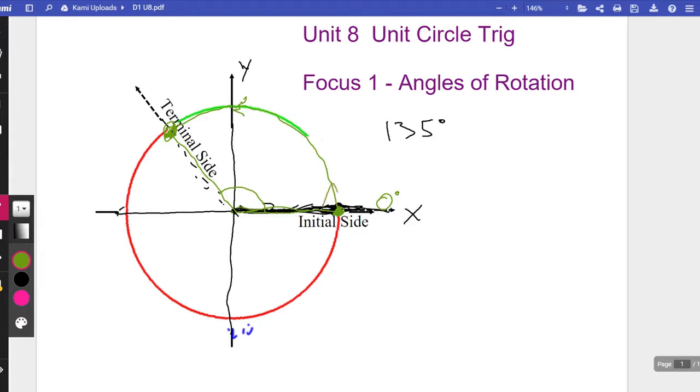So we're always going up if it's a positive degree measurement. We would always be going down if it was a negative degree measurement, which would be clockwise, but we'll get there as well. The main thing right now is to know that an angle of rotation is just created by an initial side and a terminal side. Whatever your degree measurement is, that's how far you go, and we're always pivoting around the origin.